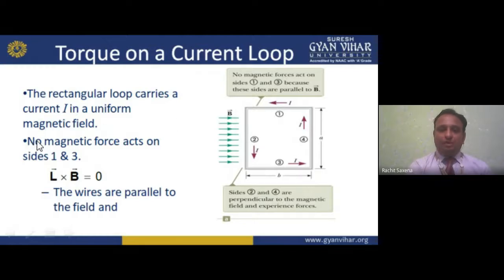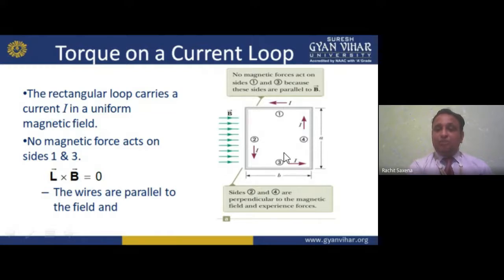The magnetic field is always shown by flux, and flux is always shown by lines or direction. So the direction is shown here, like this. That is the direction of B, in the green color, and this is the current.